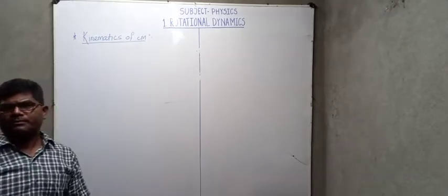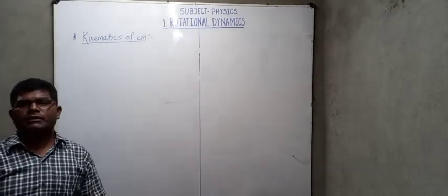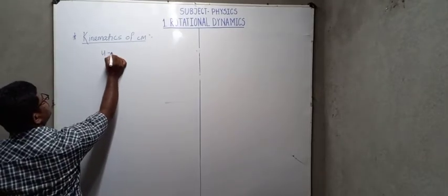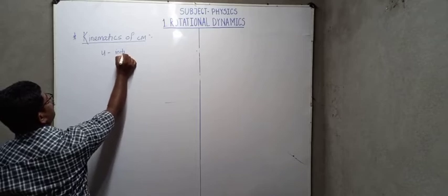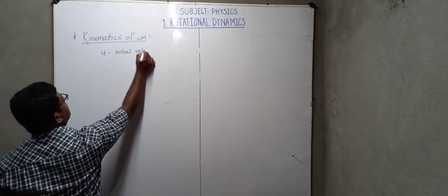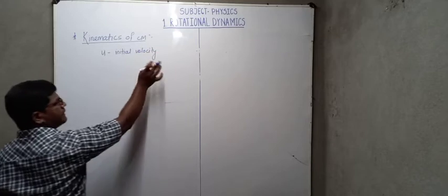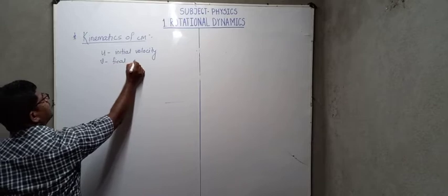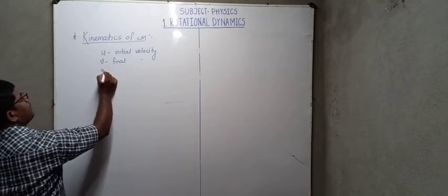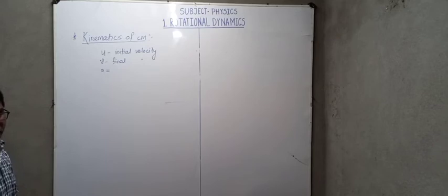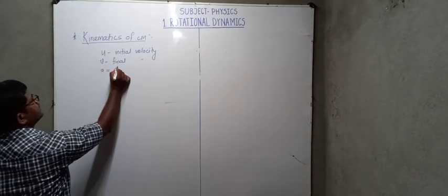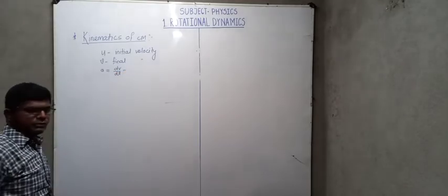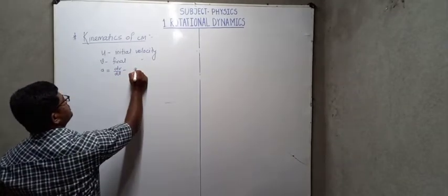Students, we know while describing linear motion, we used the symbols u for initial linear velocity, v for final linear velocity, and a for linear acceleration, which is the rate of change of linear velocity with respect to time.